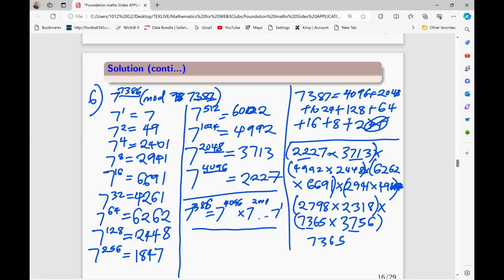The second part is going to be these two.